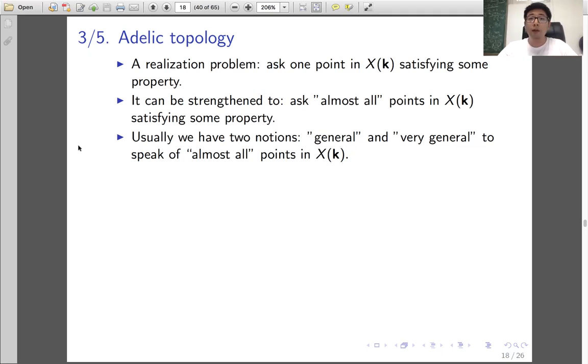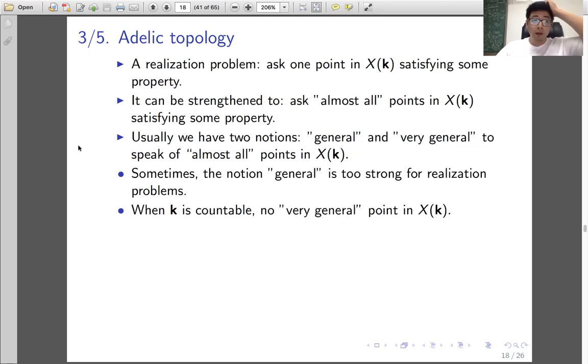And we say that this property is satisfied for a very general point means that outside a countable union of proper subvarieties, all points satisfy this property.